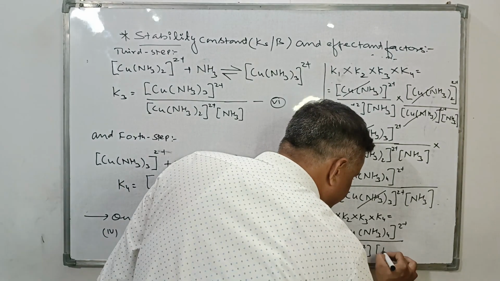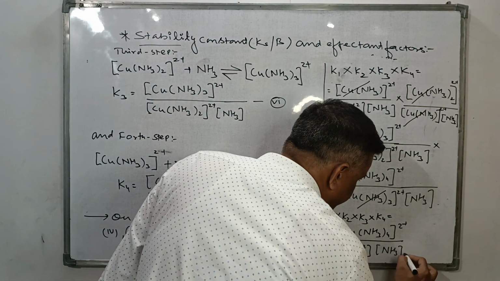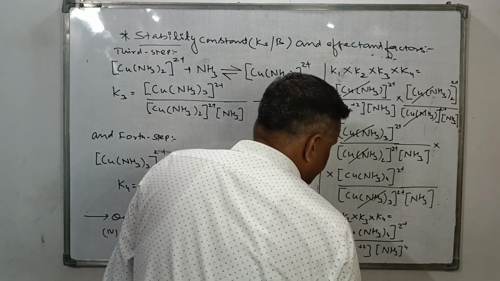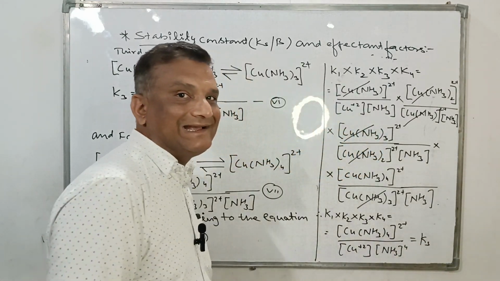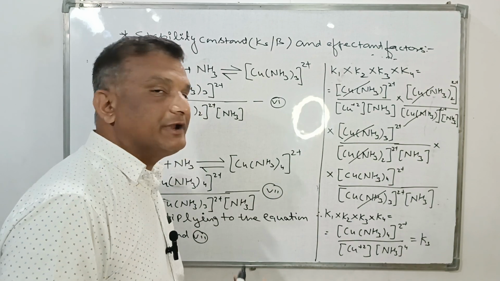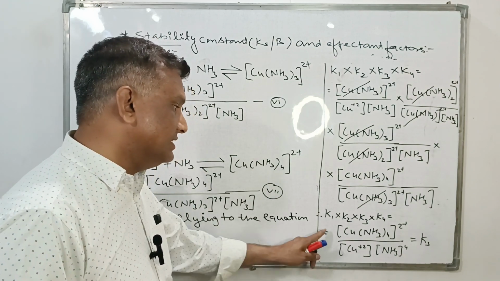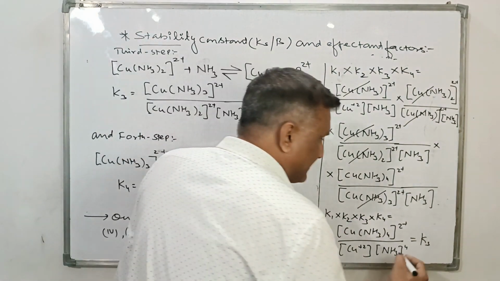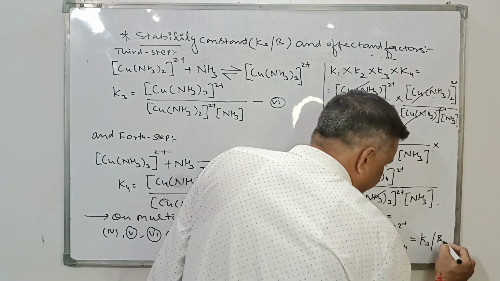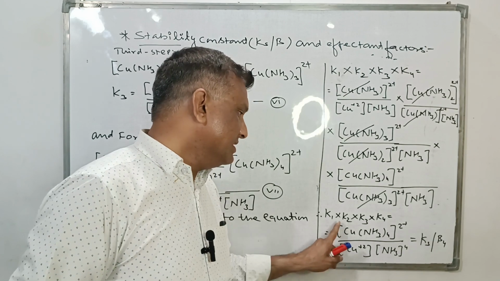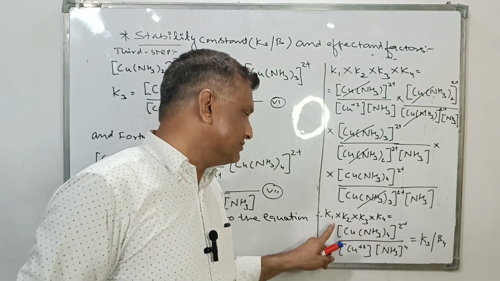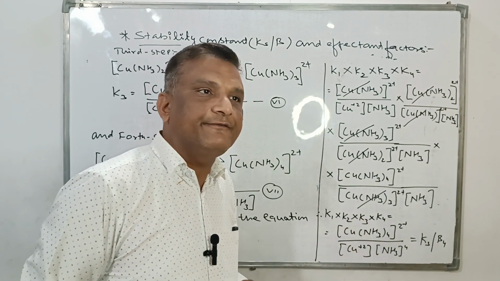So we can write it as NH3 whole 4. This is equal to Ks, or you can say the stability constant can be denoted by beta also. So here is the use of 4 ligand, that's why we can say beta 4. This is the relationship between overall stability constant and stepwise stability constant K1, K2, K3 and K4.